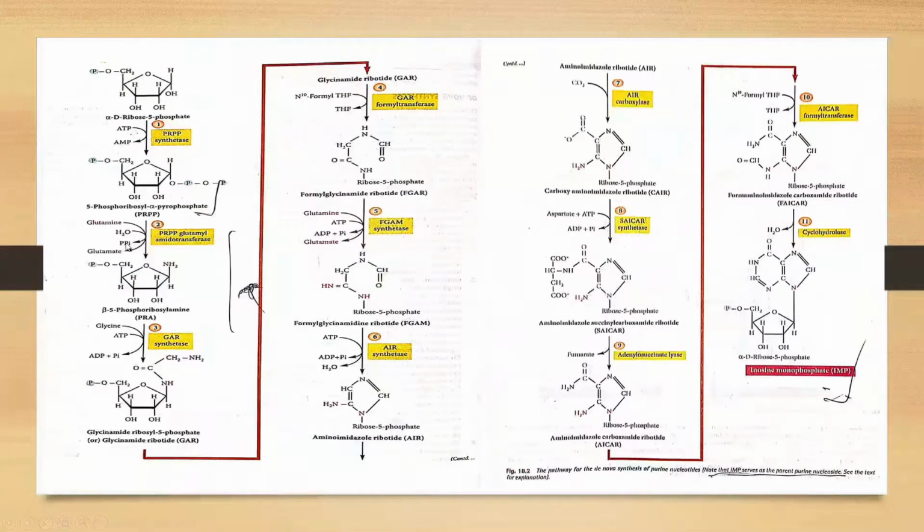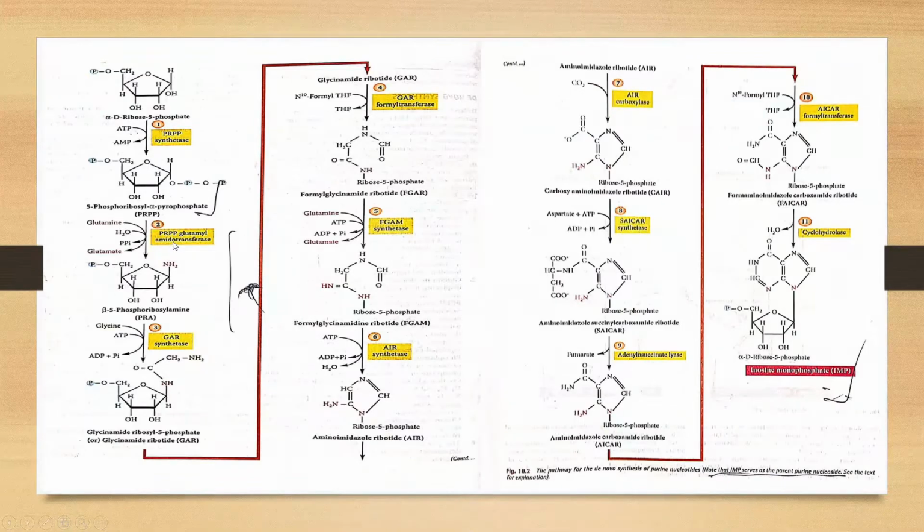The reaction involves the inversion of the alpha configuration of C1 of PRPP, forming beta-5-phosphoribosylamine, thus producing the anomeric form of the future nucleotide. The N-C bond formed in this reaction will eventually form the N-glycosidic bond linkage of the purine nucleotide.